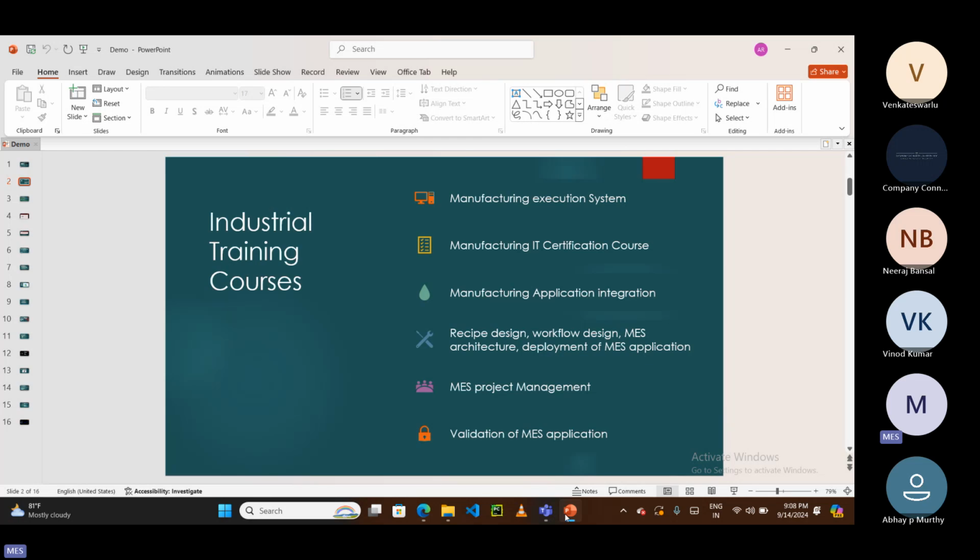Apart from that, we will understand MES project management and validation of MES application. Validation of MES is tricky, important, and most challenging also, I can say. So you will understand all these steps in this training.